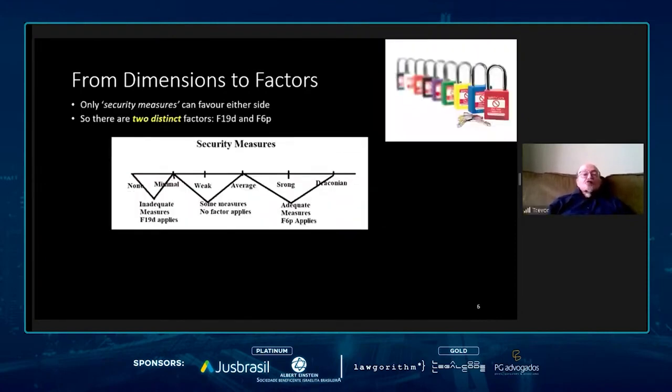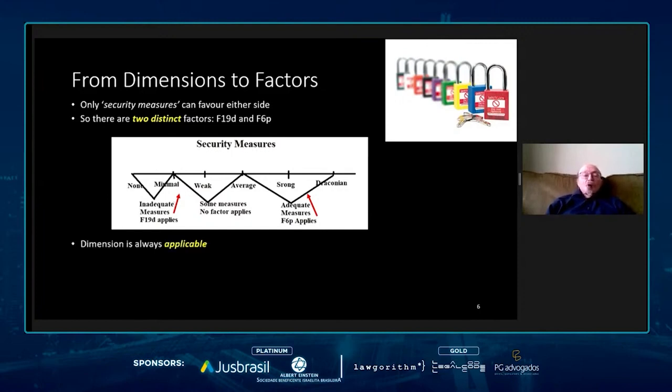Another dimension, security measures, can favour both the plaintiff and the defendant. So we have two distinct factors, F19 and F6. F19 applies if the measures are inadequate. F6 applies if they're adequate.